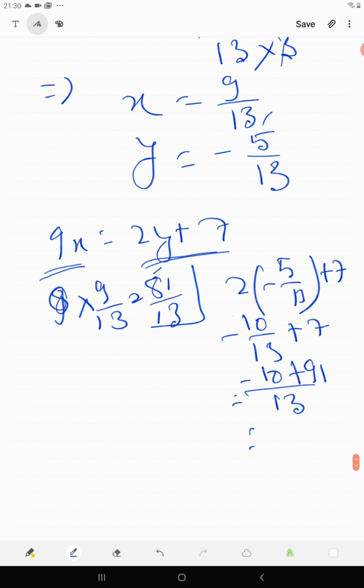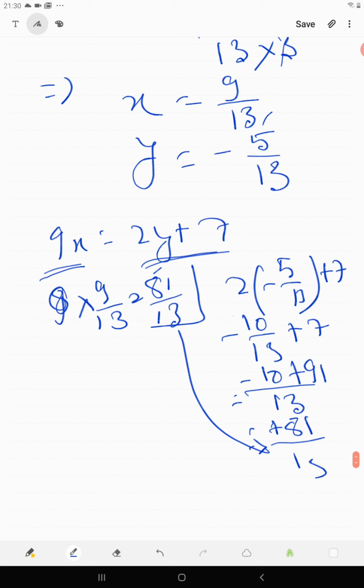So this equals minus 10 plus 91. Both are of opposite sign, so it will be the sign of the bigger number. So that is plus, and then bigger number minus smaller number, 91 minus 10 is 81. So 81 by 13. If you see, both are matching. That means our solution is correct.